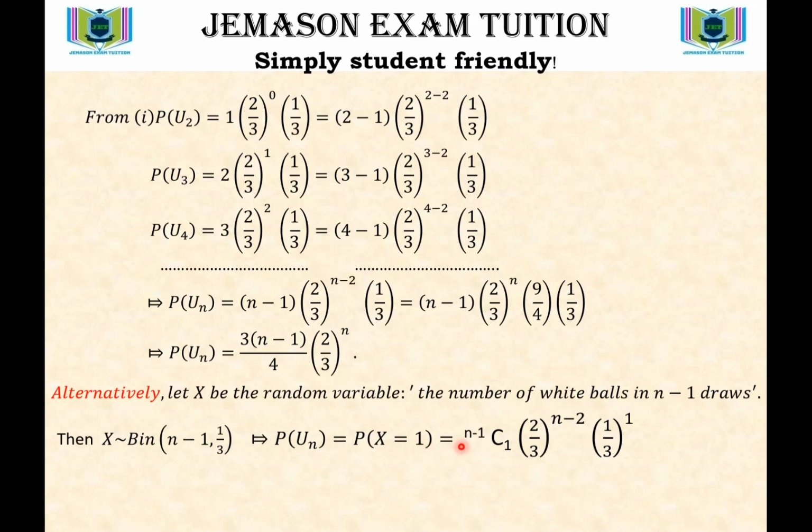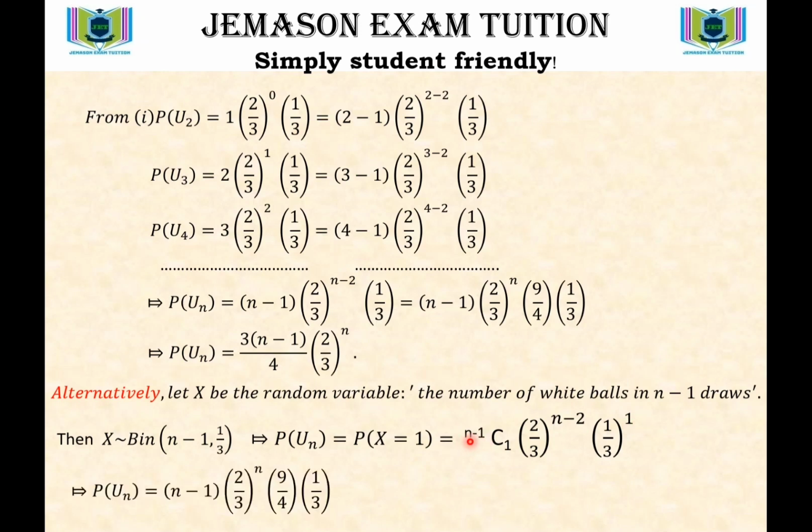If we proceed to use the probability mass function for the binomial distribution, the probability of X=1 is equal to (n-1) choose 1 times the probability of failure, which is the probability of having a black ball, 2/3, raised to the power of the number of fixed trials n-1, minus 1, making the power n-2, and then times the probability of success raised to the power x, and x in this case is 1.